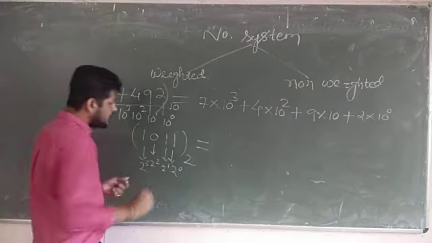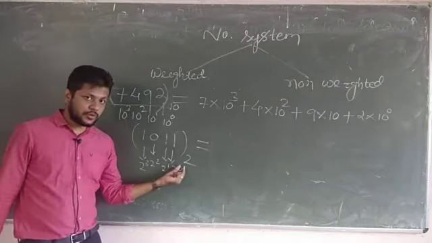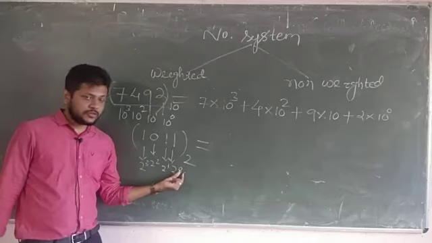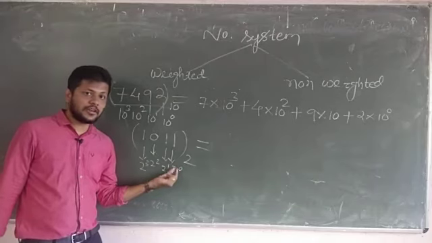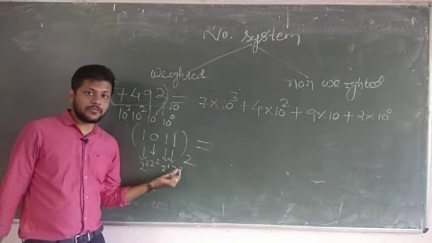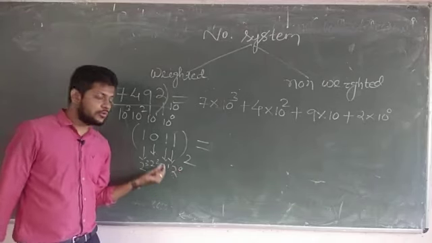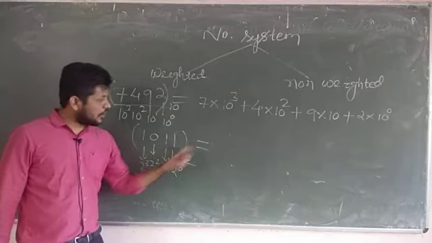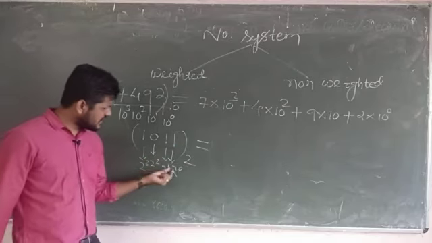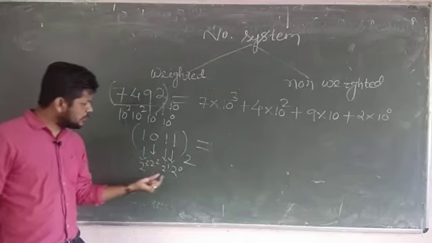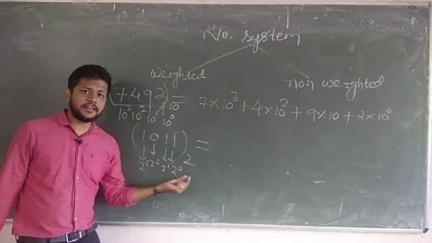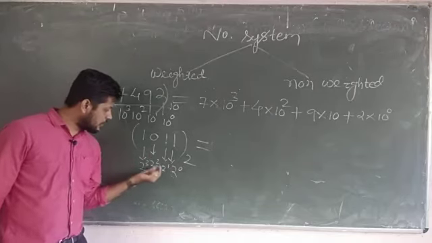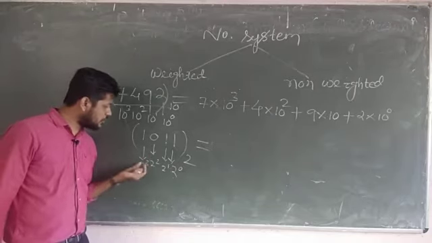Always remember, start from 2 to the power 0. Students always make a mistake here. They start counting from 2 to the power 1, then 2 to the power 2. If you do that, then you will get a wrong number. So start from the weight 2 to the power 0, then 2 to the power 1, then 2 square, then 2 to the power 3.